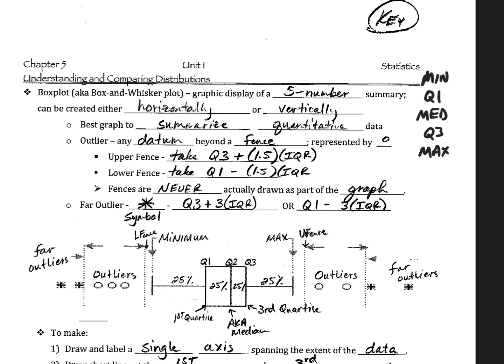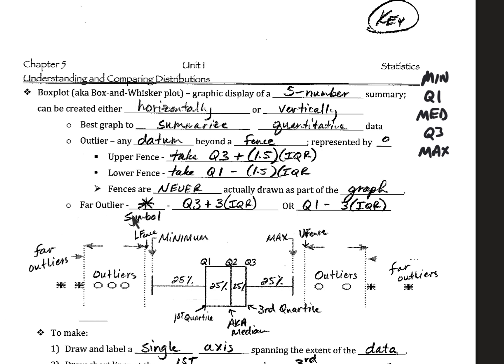We calculate those 2 fence values, and anything above the upper fence or below the lower fence is considered an outlier. The fences are never actually drawn as part of your graph. You'll see me put them at the bottom of the box and whisker plots, not in the graphs.